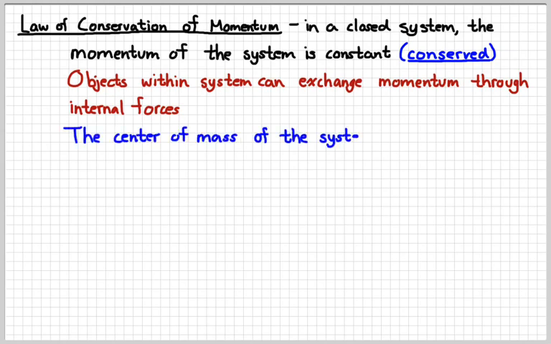The center of mass of a closed system moves at a constant velocity, regardless of how the objects within the system interact. That's an important fact to remember. It's also important to be able to identify when that's true, because it's a way of telling you that the momentum of a particular system is conserved.